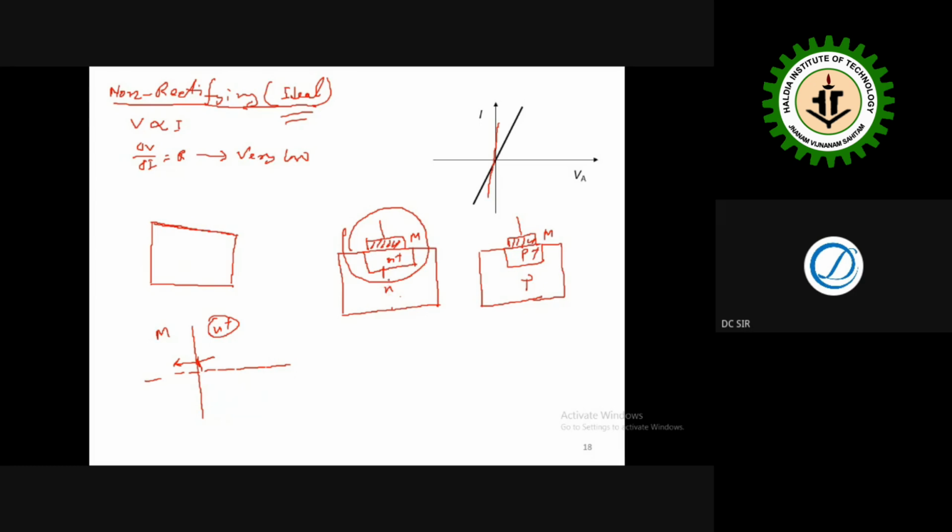So whatever the current flows through the metal behaves as ohmic. So this is basically ideal ohmic behavior or ohmic contact.